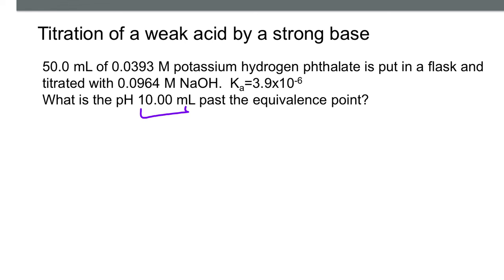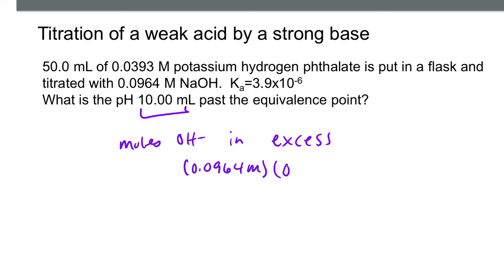So, okay. So the number of moles of hydroxide, there's an excess. So we're going to have our concentration 0.0964 moles per liter times 10 milliliters, because we know we are 10 mLs past the equivalence point.